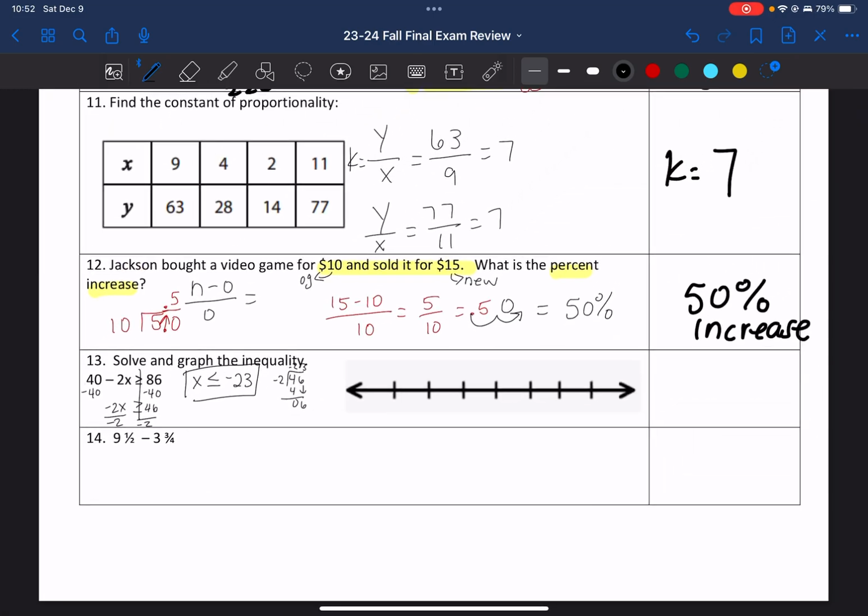On the Chromebook, or on the STAR test, when you take your final, you're going to have to choose between closed or open and which way you're going to shade. Okay, when you click the correct one, it's going to go directly on 0. Let's pretend 0 is here. Let's pretend negative 23 is right here and positive 23 is here.